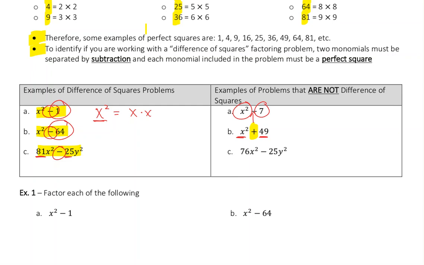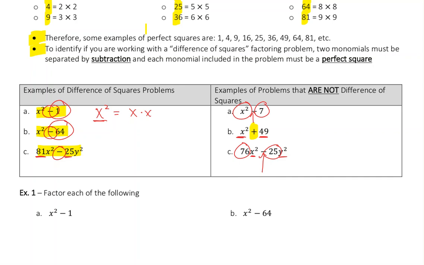And finally, yes, x squared is a perfect square, y squared is a perfect square, 25 is a perfect square. We have subtraction involved, but this 76 right here as a coefficient is not a perfect square, so we're not looking at a difference of squares problem.